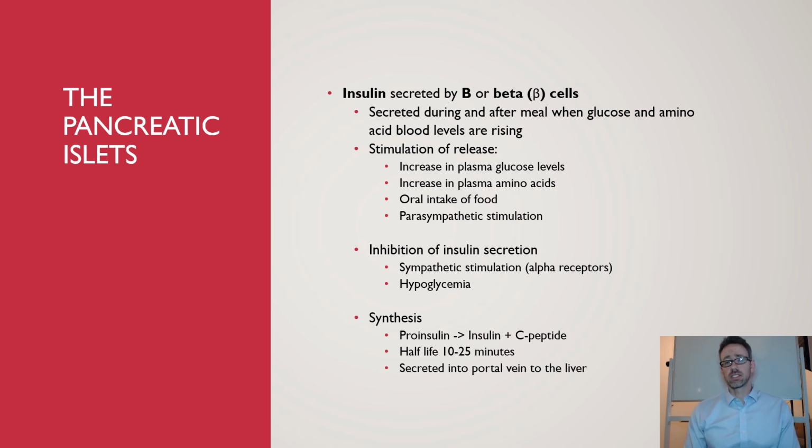That's an important concept because the liver will actually extract 50 to 60% of the insulin out of the bloodstream before any of that insulin makes it systemically. So either half or a little more than half of the insulin gets extracted in that first pass through the liver.